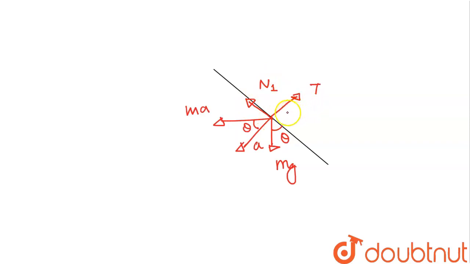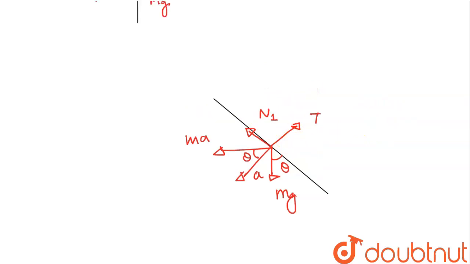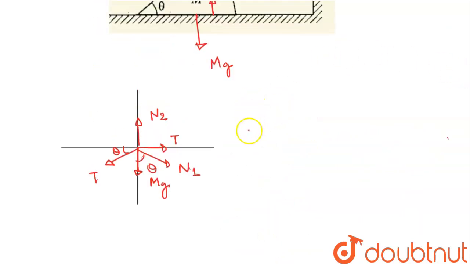Alright, so now we will be writing equations for capital M and small m. This was for the mass having small m, and this FBD was for the mass having capital M.